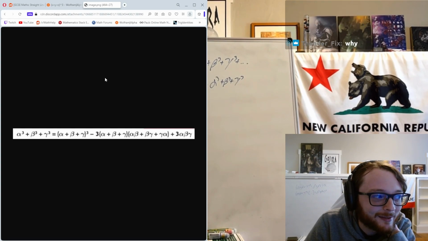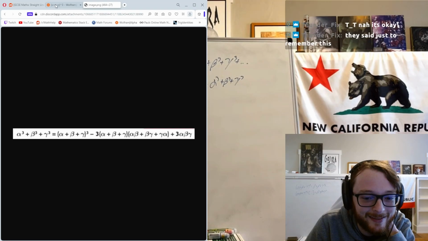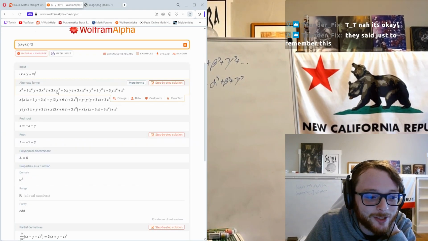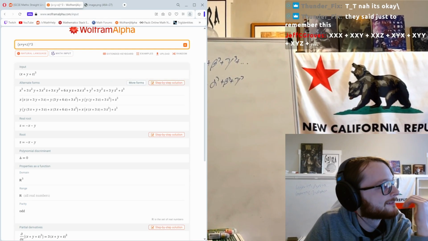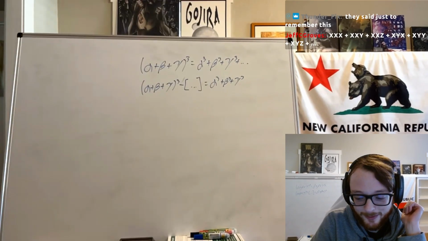Oh, that's annoying. So to remember this? Oh, that's so easy to remember. It's basically a rearrangement of all these extra terms here. They factored a whole bunch of stuff. So actually, it might not be that bad. Let's just see.